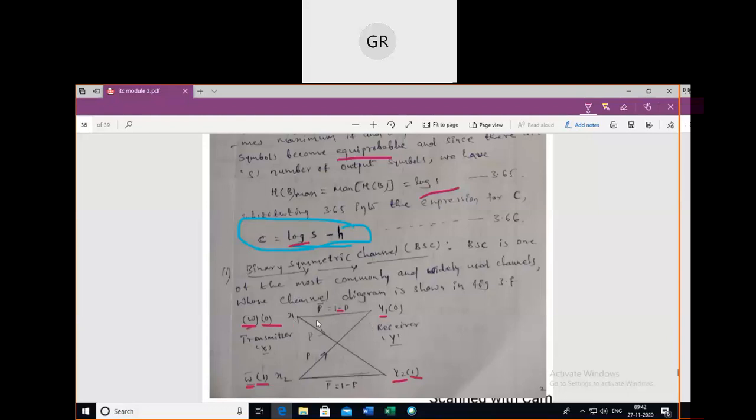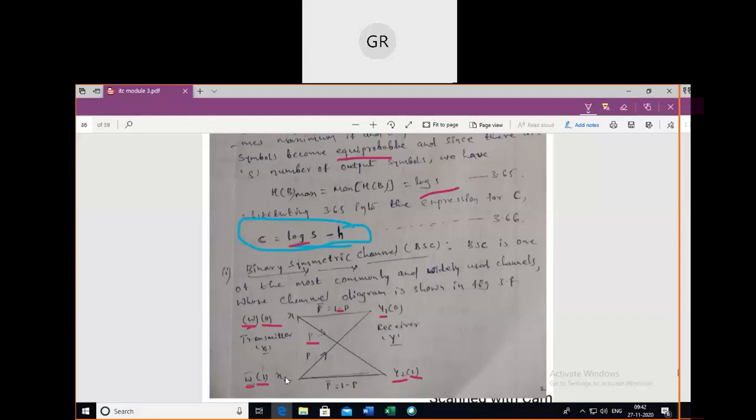Then x1 to y2, the conditional probability is p of y2 divided by x1. Then x2 to y1: when we send input signal 1 and receive output 0, then p of y1 divided by x2 is equal to p, the conditional probability.